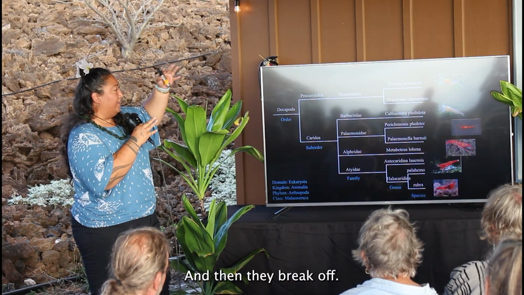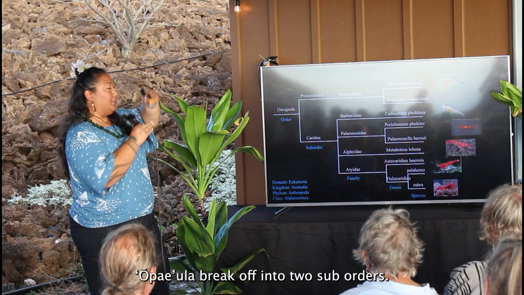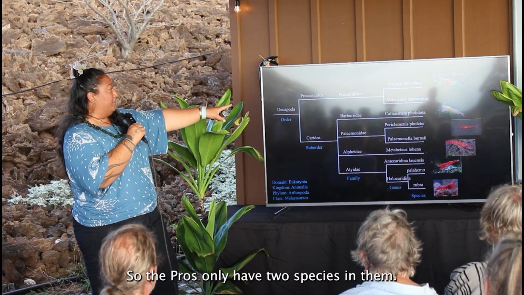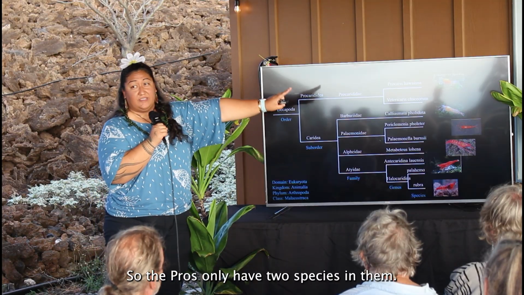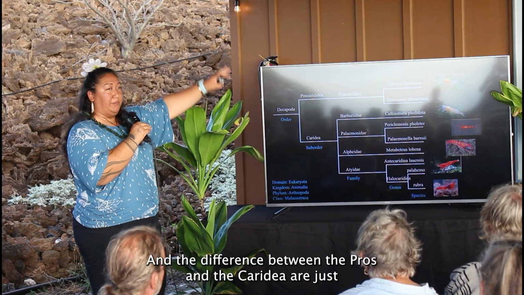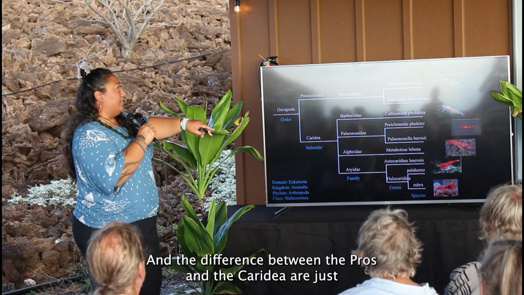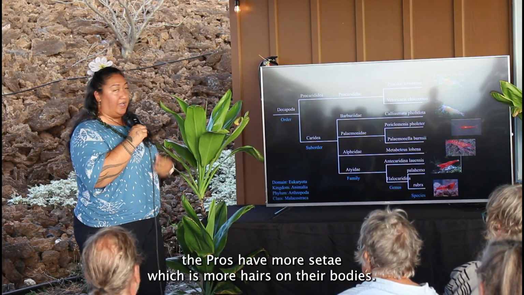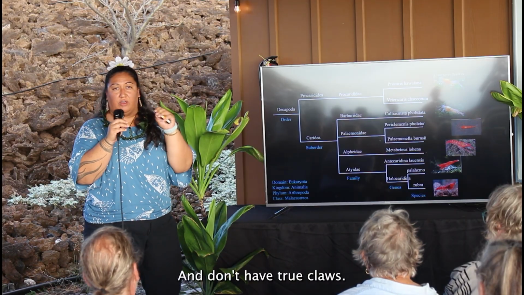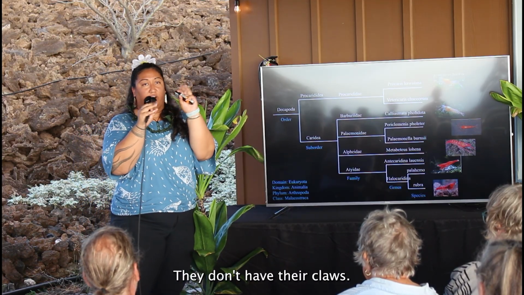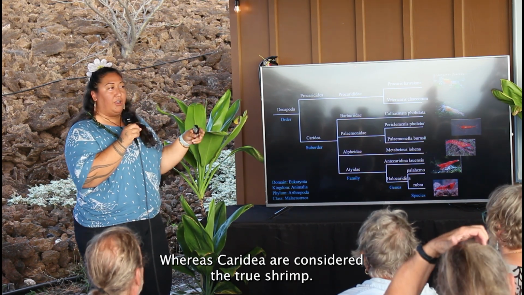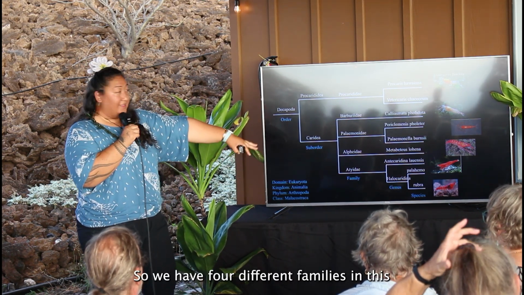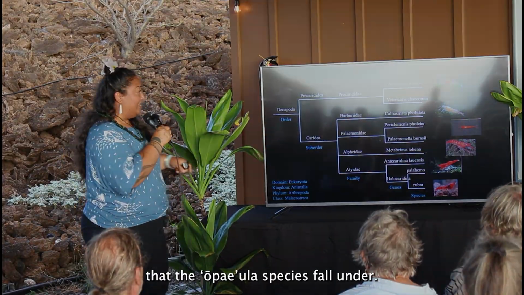And then our ōpae'ula break off into 2 suborders, the Procarididea and then Caridea. The Procarididea only have 2 species in them, and the difference is that they have more setae, which is more hairs on their bodies, and don't have true claws. So they only have walking legs. Whereas Caridea are considered the true shrimp. So we have 4 different families in this that the ōpae'ula species fall under.